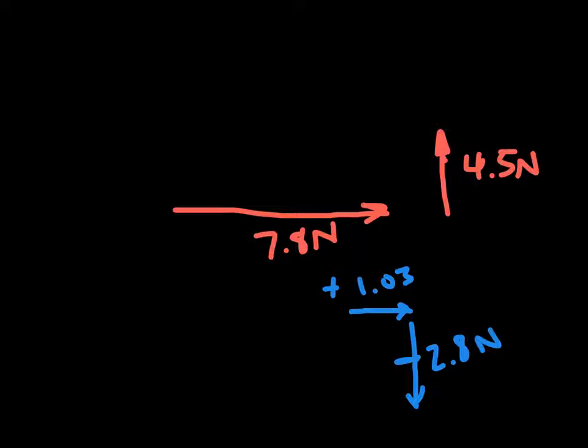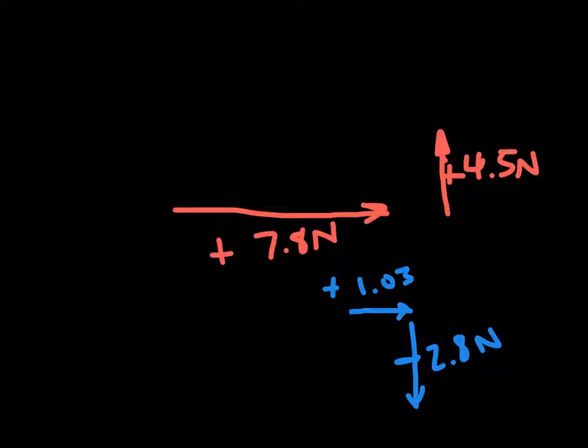We're going to say this is positive 7.8 newtons because it's running to the right. And since 4.5, we take this to be upwards, we're going to say that we have positive 4.5. So we simply just add them together. I'm going to change the color here.